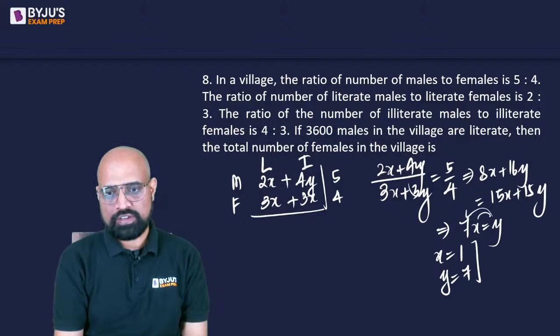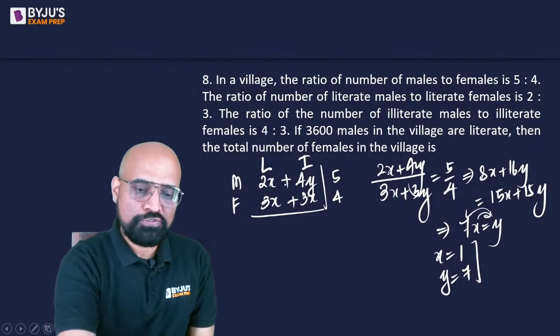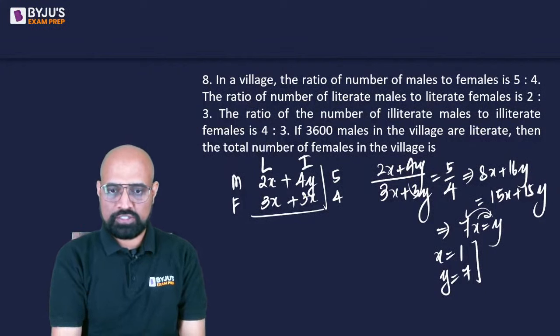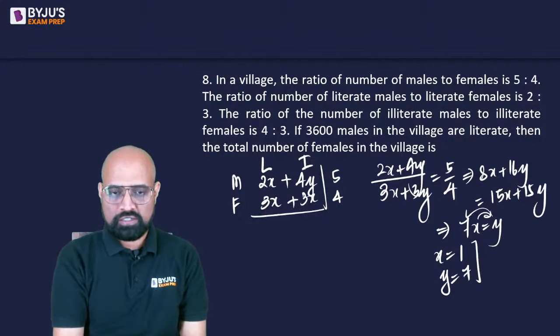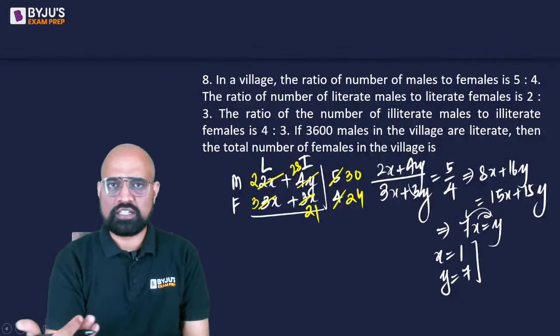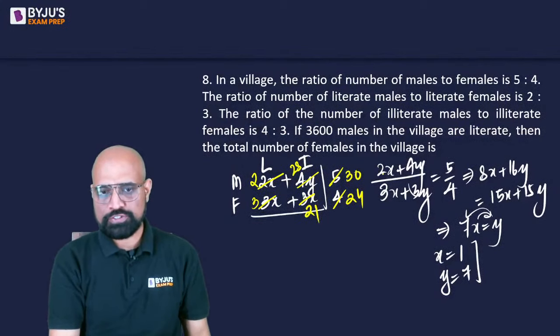So if y is 7 and x is 1, we have 2 literate male here, 3, 7 into 4, 28 illiterate male, 7 into 3, 21 illiterate female. Total male we have is 30, total female we have is 24, right? It makes sense. 30 is to 24, it's 5 is to 4.